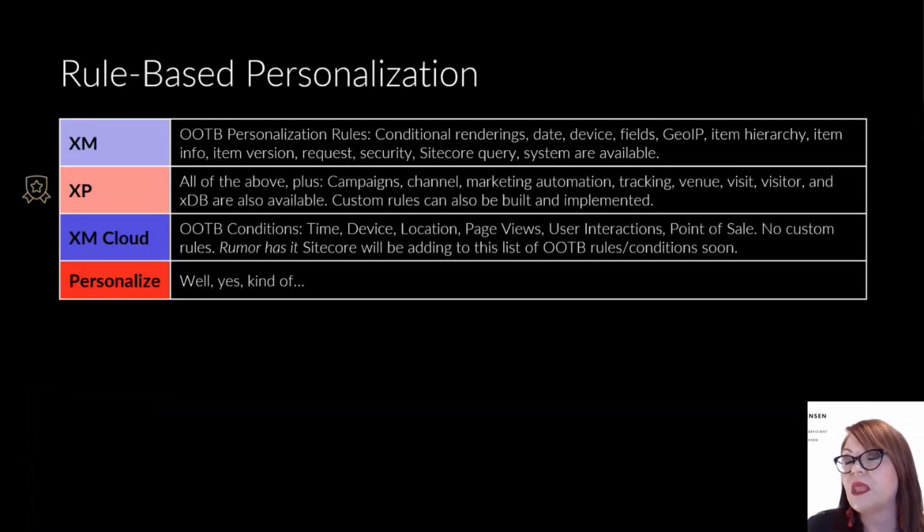The next thing we're going to talk about is rules-based personalization. If you've worked with XM and XP, you know what I'm talking about, but it's kind of conditional personalization. You take either a page or a component and you say, if this rule is true or untrue, show this rather than that. That's the most basic way of explaining it.